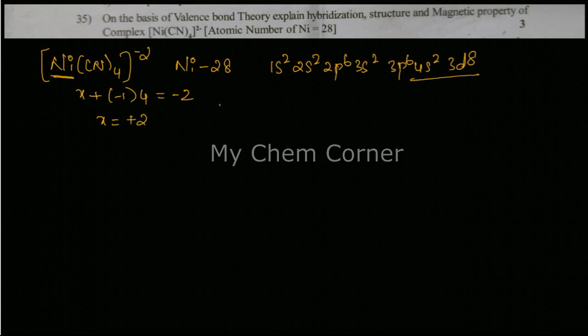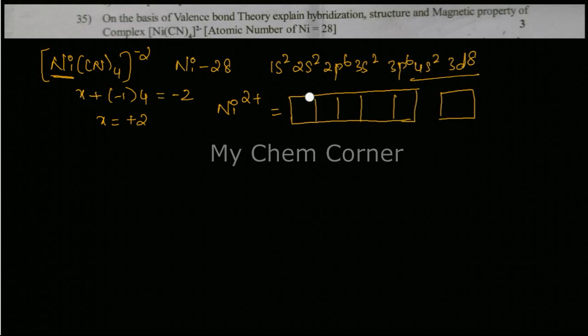So to move from Ni to Ni2+, I draw the orbitals: the 3d, then the 4s. First I'll draw the ground state in Ni. When I draw that, I get 8 electrons in 3d, and 4s will be 4s2. So this is the ground state where I have 3d8 and 4s2.